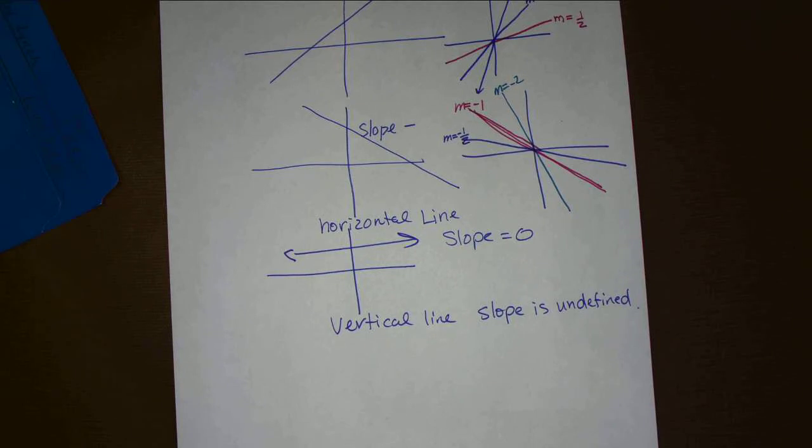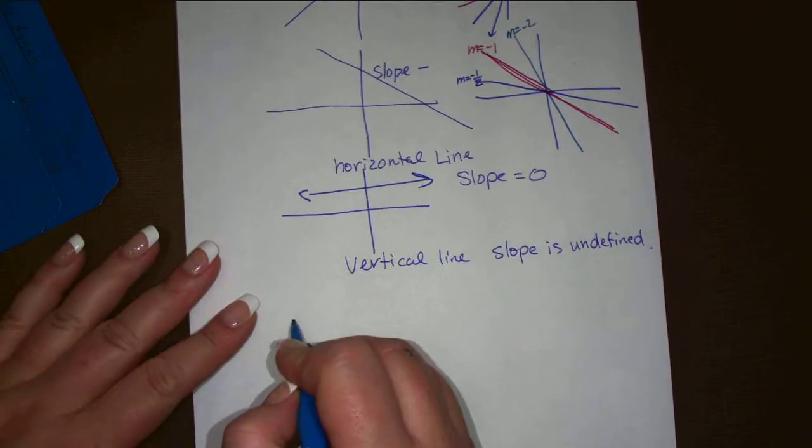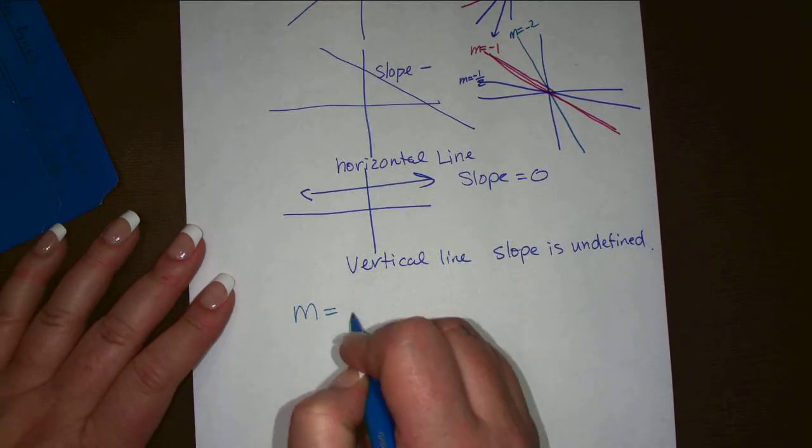So, going back to the more mathematical rise over run, what does this mean?